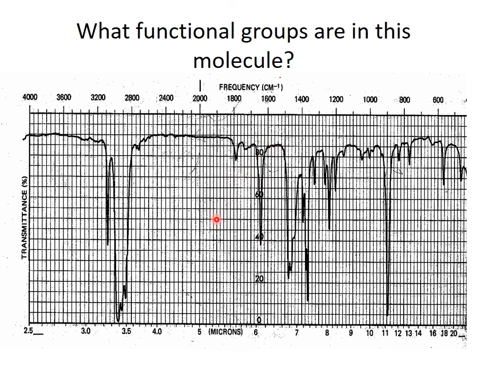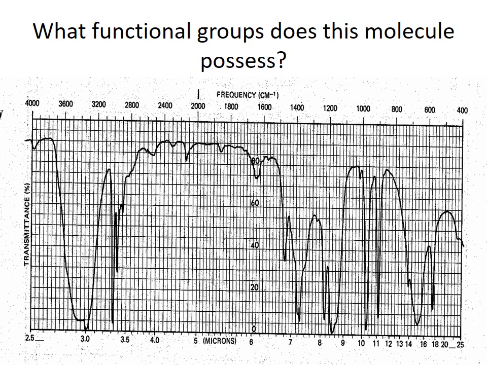So most likely this is a terminal carbon-carbon double bond. It could be that it's asymmetrical, and so you've got this intense peak from a good bit of asymmetry. But there's also a good chance it could be a terminal alkene. What functional groups does this one have?